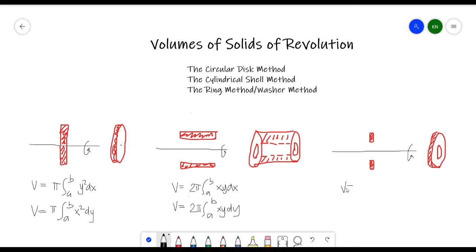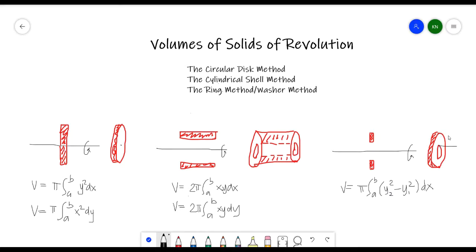V is equal to pi integral from a to b of the outer radius squared minus the inner radius squared, dx.